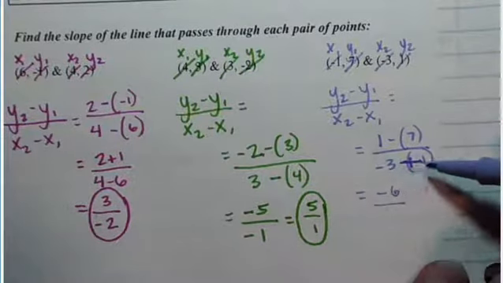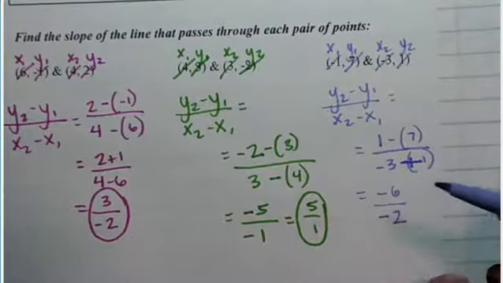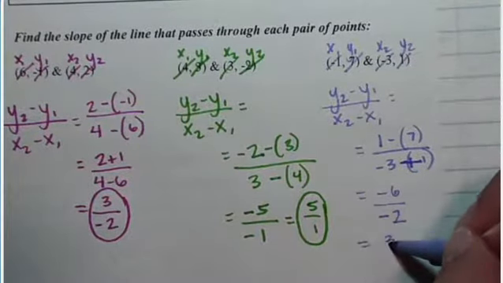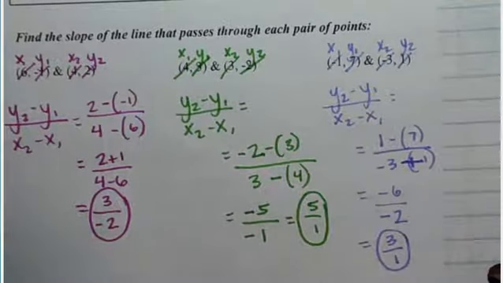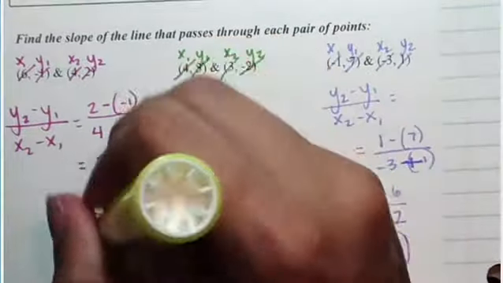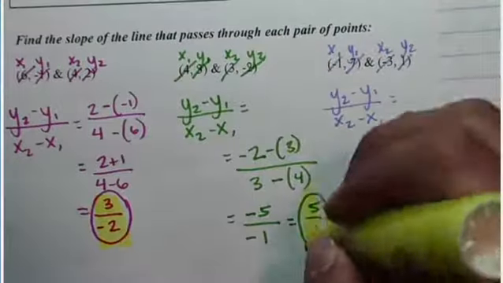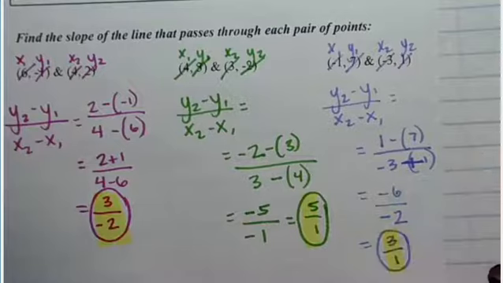Negative 3 plus 1 is negative 2, which simplifies to positive 3 over 1, because 2 negatives makes a positive. So your answers here for these three questions are 3 over negative 2, 5 over 1, and 3 over 1. Again, this is how we find the slope from 2 points.